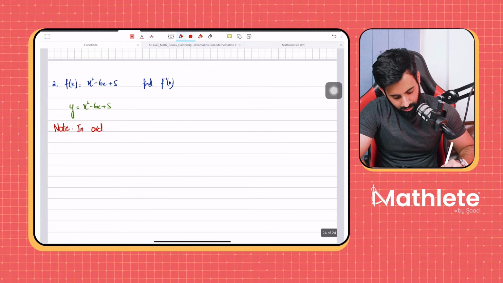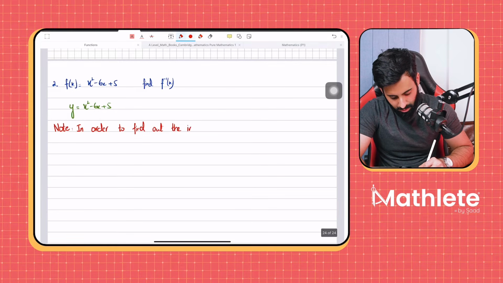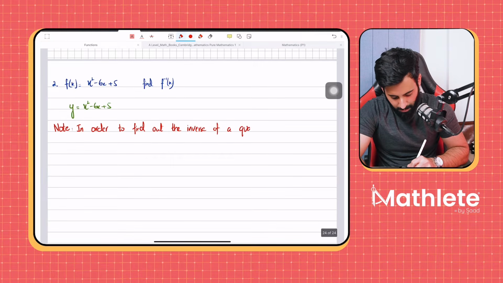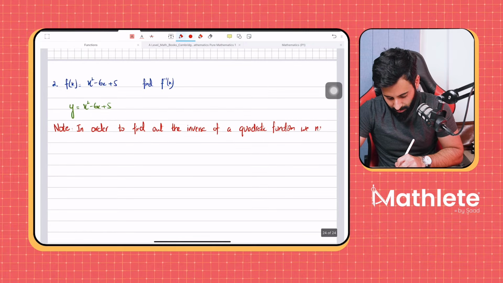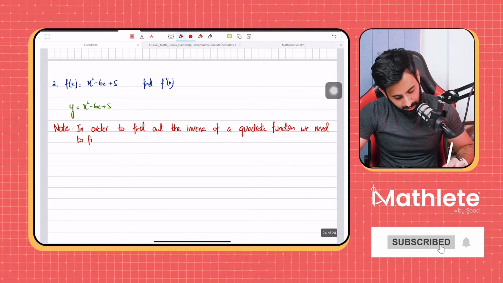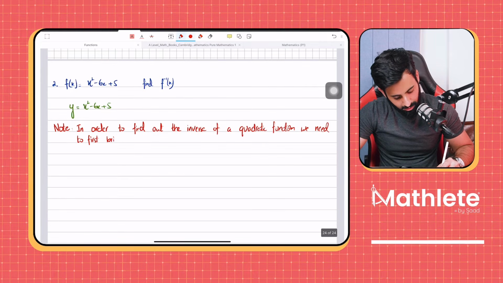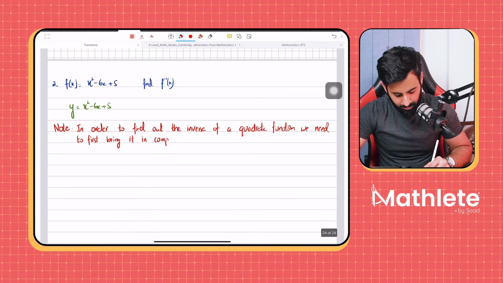In order to find out the inverse of a quadratic function, we need to first bring it in completed square form.